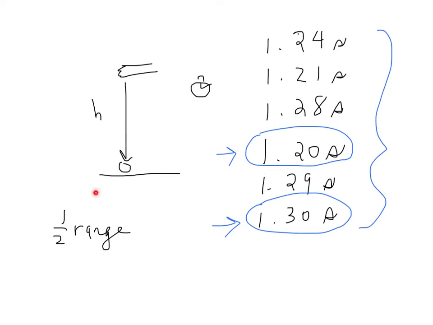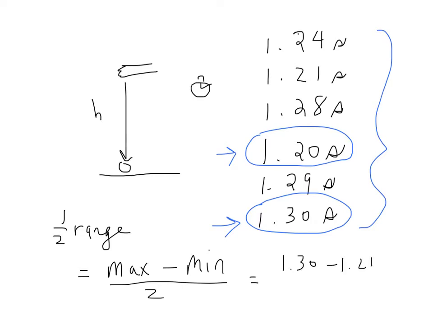So my uncertainty is half the range, which I could calculate by taking the max time minus the min, all over 2. Because that would give me 1.30 minus 1.20 all over 2, which is 0.05, plus or minus 0.05.